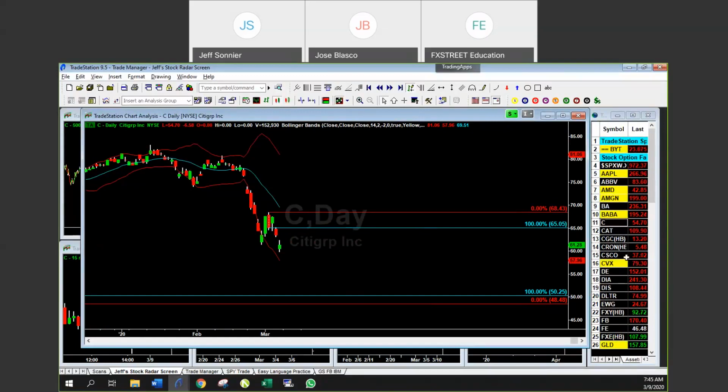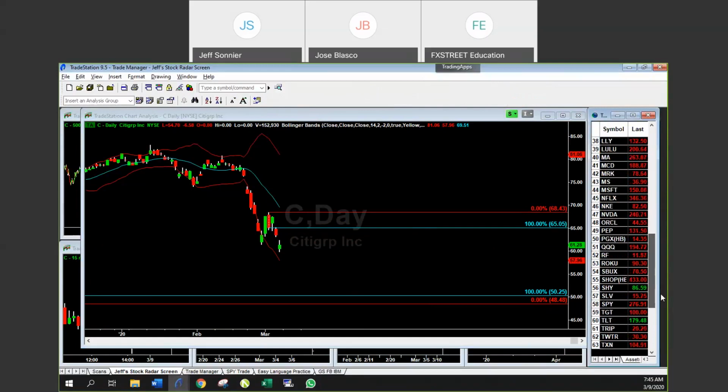Let's see. I've covered the advantages of stocks. I covered the disadvantages of stocks. The other thing is liquidity. So let's look at liquidity.